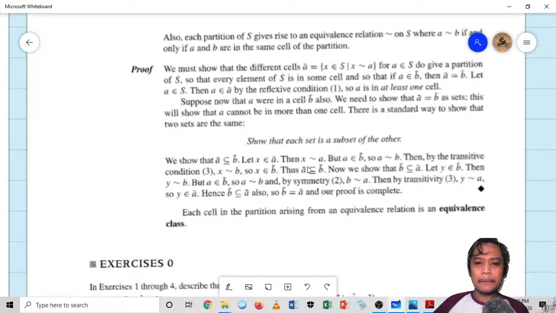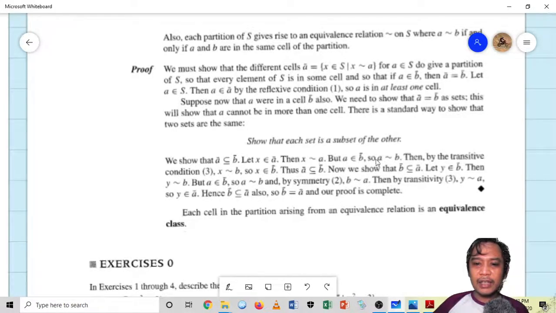But, A is in the cell containing B, meaning A is related to B, by definition again of the relation.